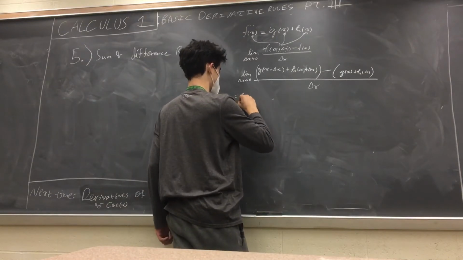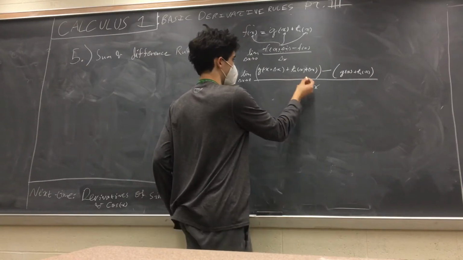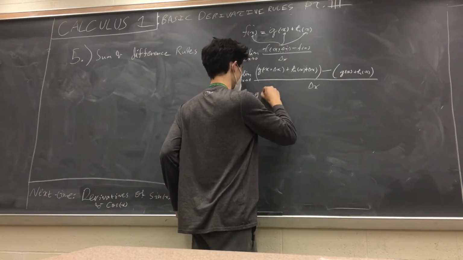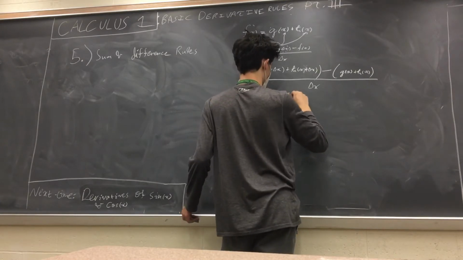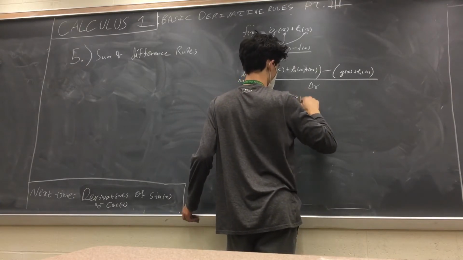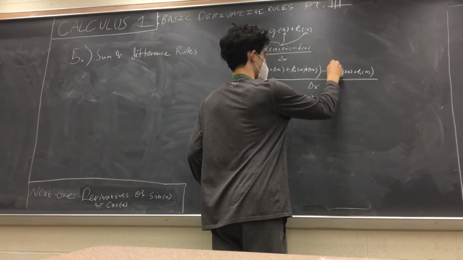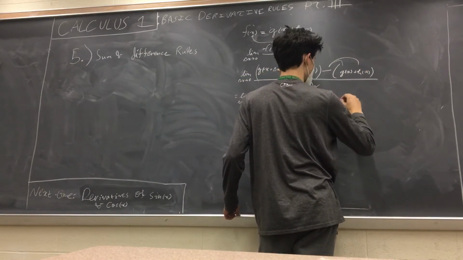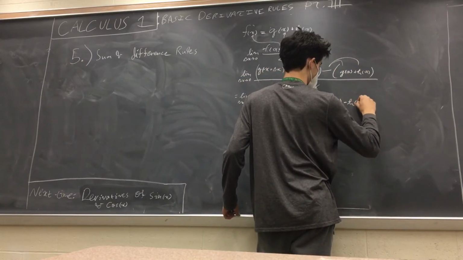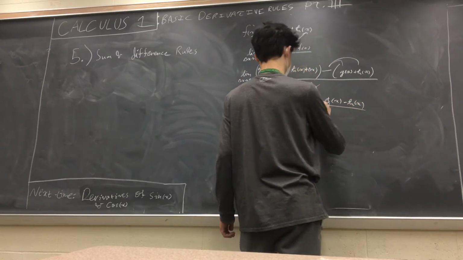So this is the limit as delta x approaches 0 of g of x plus delta x plus h of x plus delta x minus, now we distribute the negative sign out, we get minus g of x minus h of x over delta x.